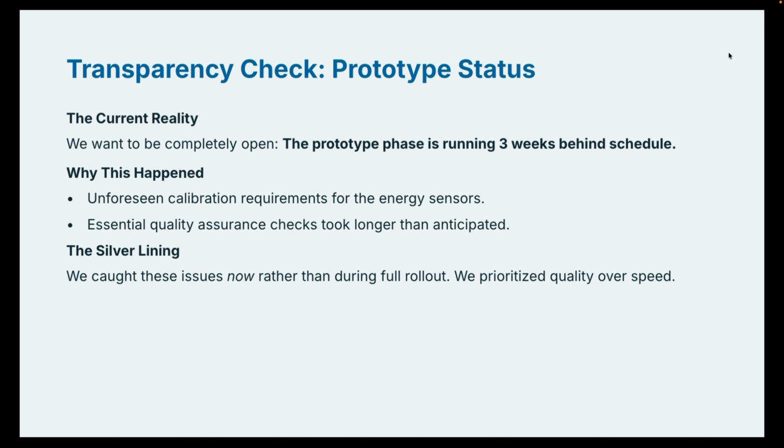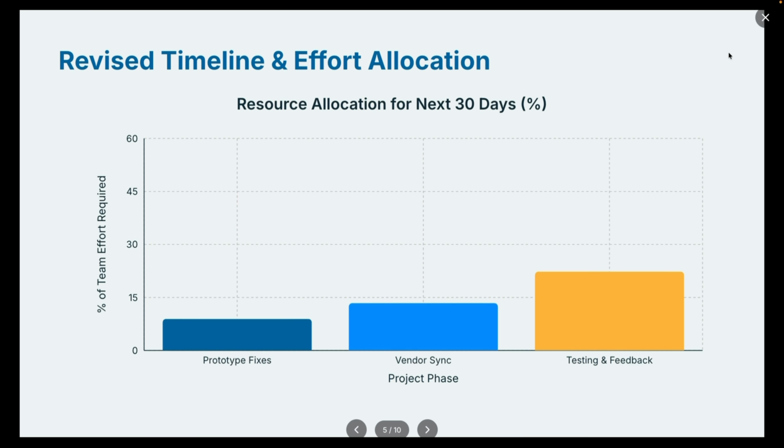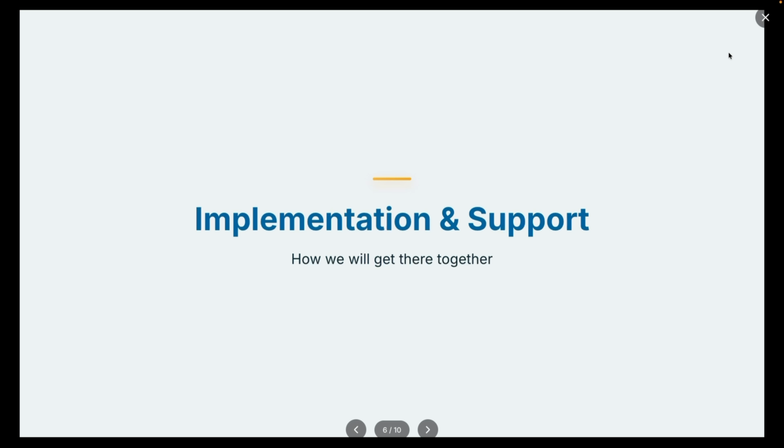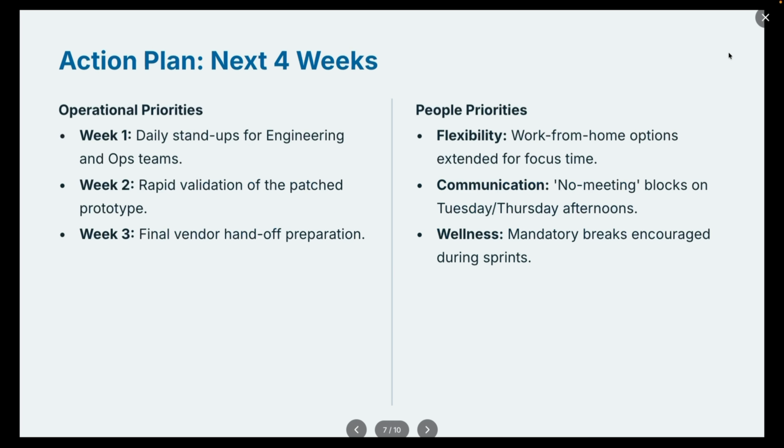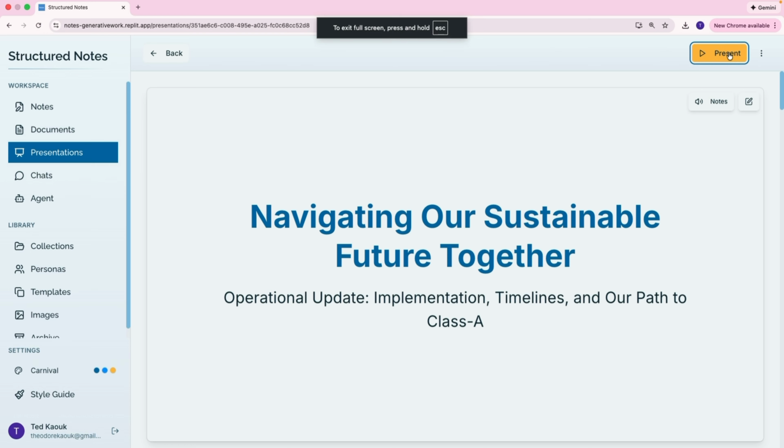The current reality, the why this happened, prototype status, our deadlines, and again, you can imagine doing this at scale with data to make sure that it is 100% accurate, and you're just recreating it for different audiences on the fly.